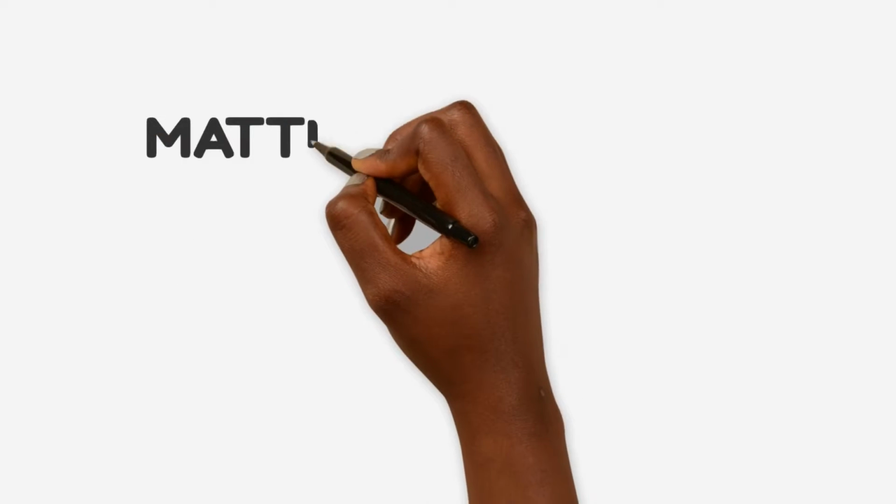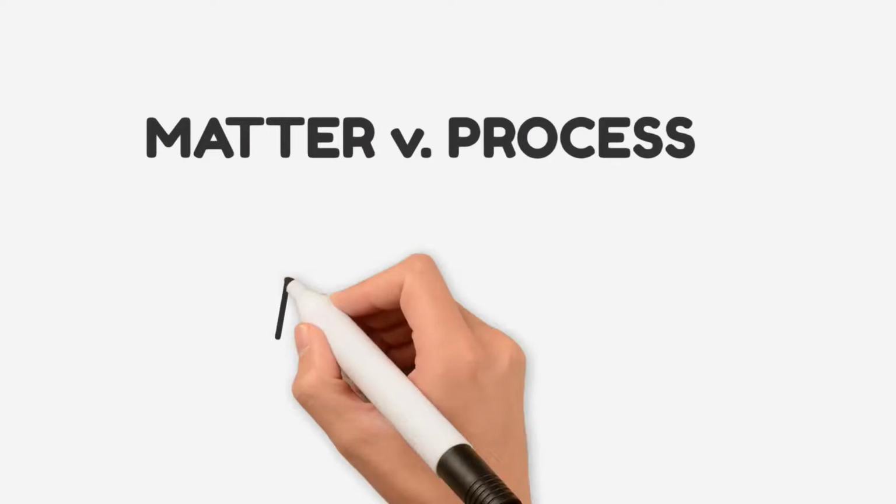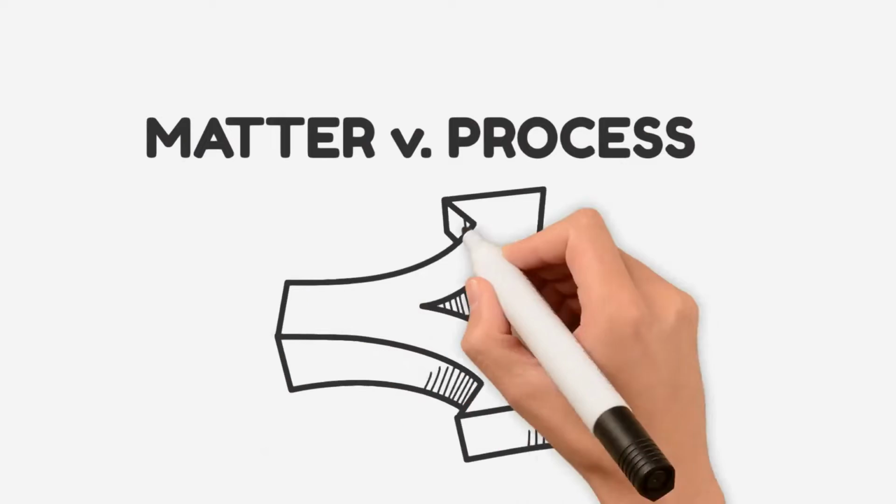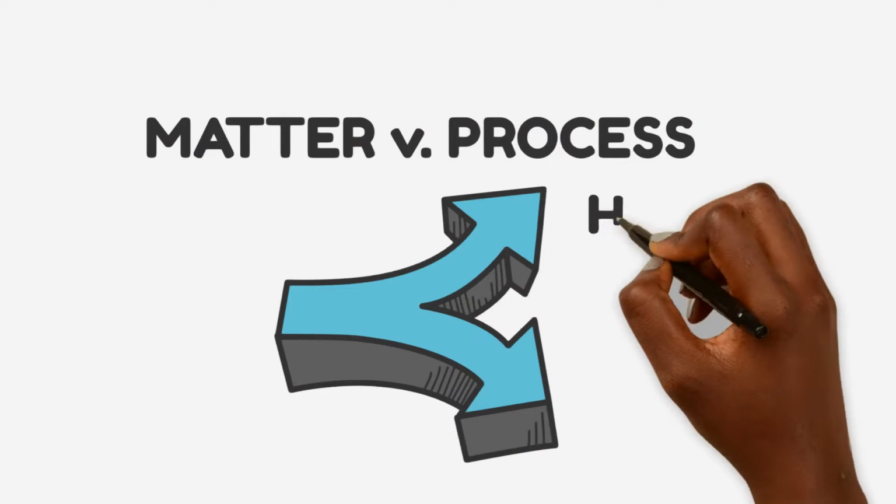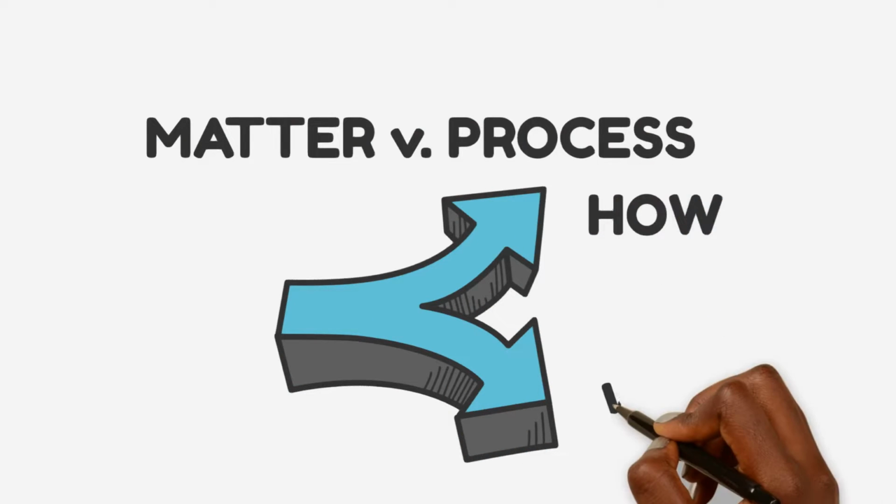The first thing I want you to learn, and this is going to require a paradigm shift, is the fact that managing litigation or managing a matter is not the same thing as managing the process of litigation or the process of managing that matter. Okay?